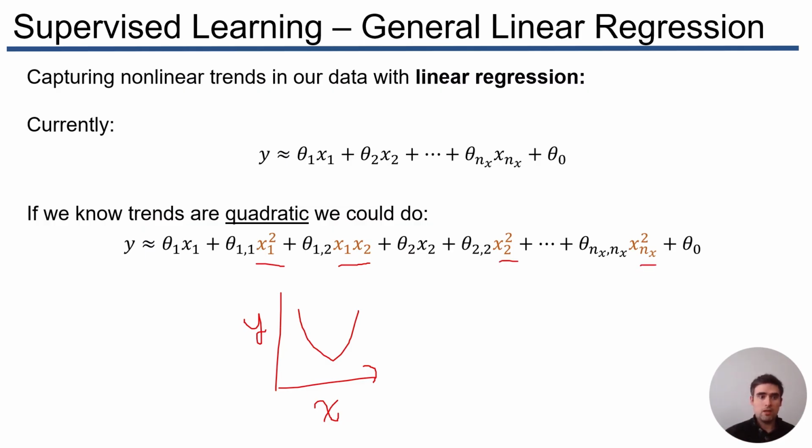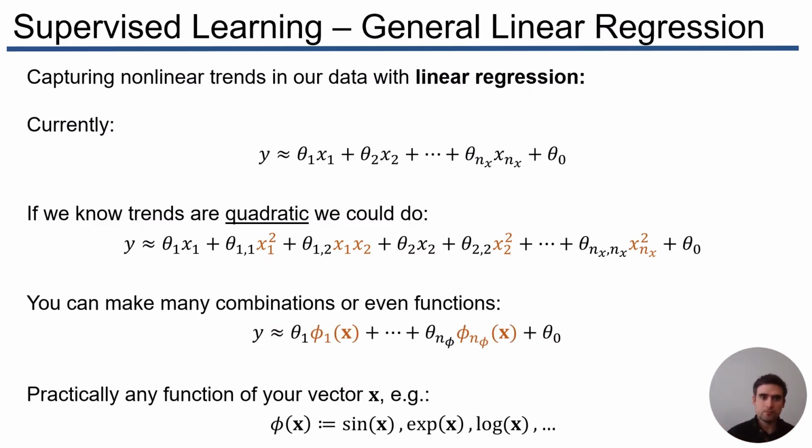And what I could do then is fit the price of a house to this quadratic combination of the features. Now notice very importantly here that the parameters are still linear. So this is still a linear combination of the parameters, but they multiply nonlinear functions of the features.